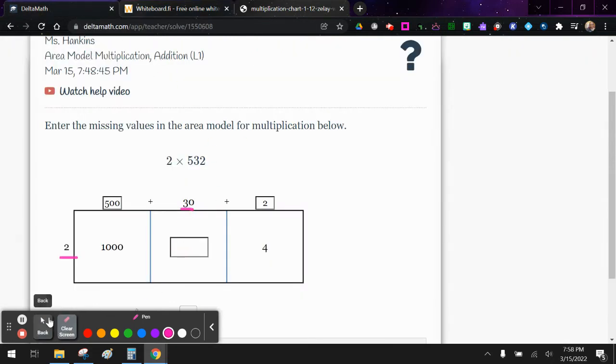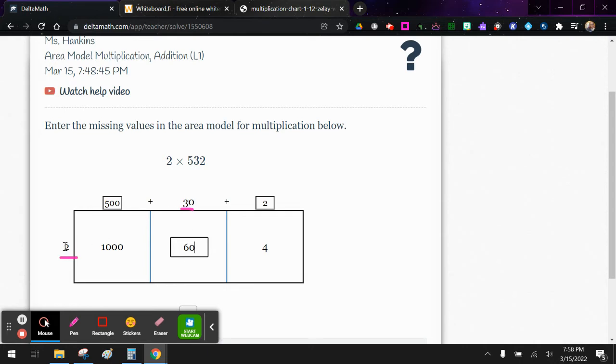So in that box, we're going to type in 6. But look at the ends. There is a 0 here and no 0 where the 2 is. So I'm going to add a 0 at the end of the 6. Therefore, 2 times 30 is 60.